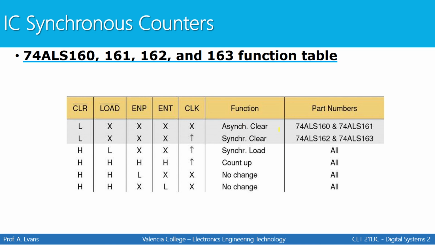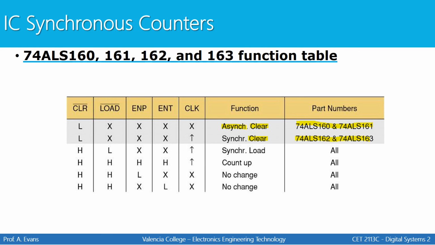Next, we have a function table which explains one small difference between your 160, 161 and your 162 and 163. And it's the clear function. The 160 and the 161 have an asynchronous clear. The 162 and 163 have a synchronous clear. Remember, the asynchronous clear means it's going to clear the flip-flop instantly.